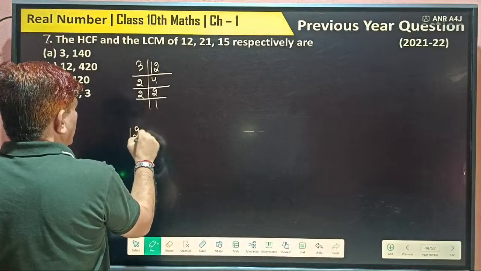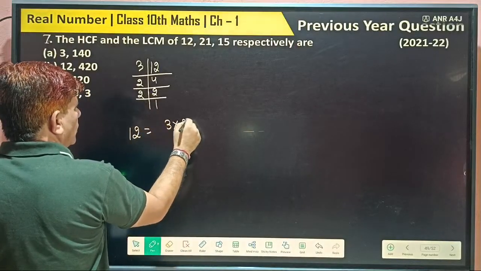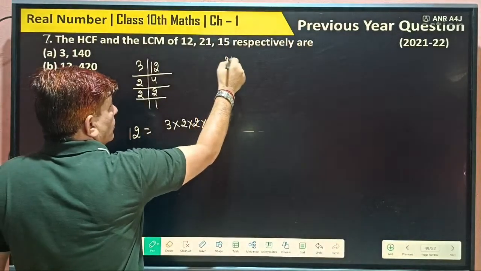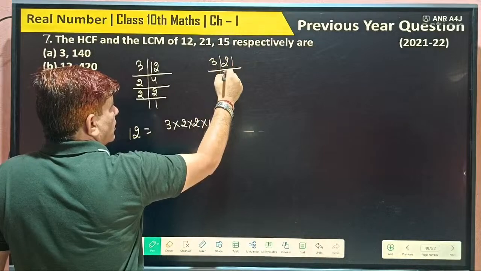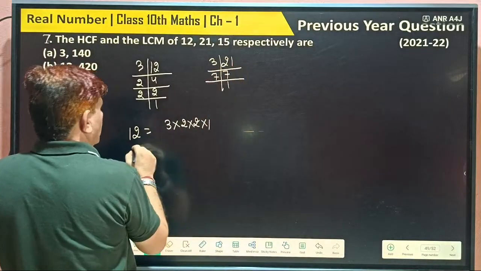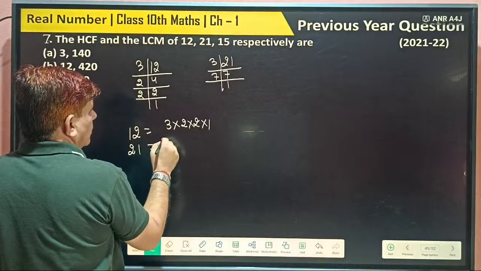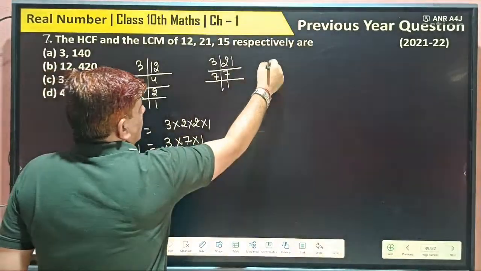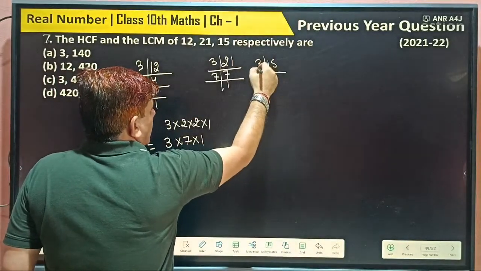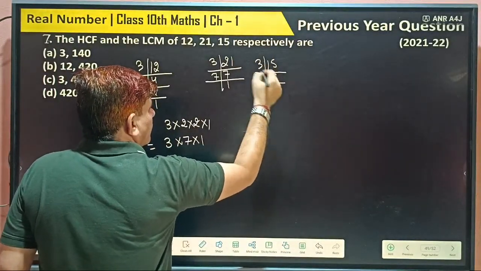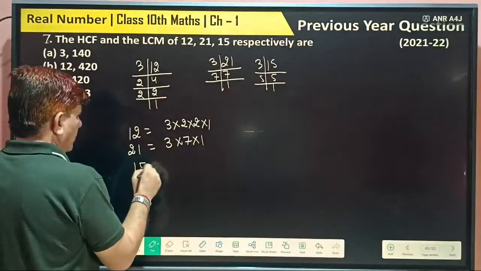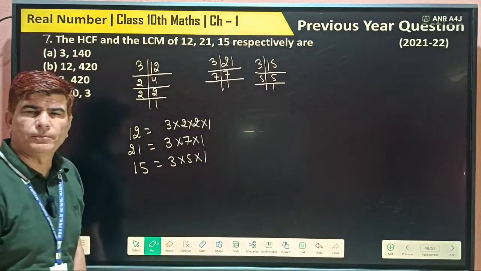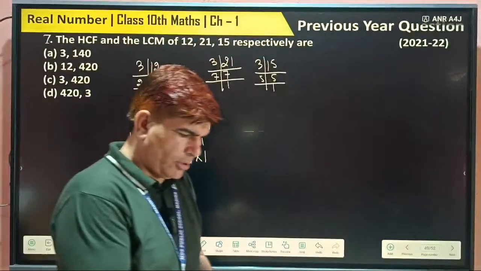So 12 equal to 3 into 2 into 2 into 1. 21: 3 sevens are 21, 7 ones. So 21 equal to 3 into 7 into 1. 15: 3 fives are 15, 5 ones. So 15 is equal to 3 into 5 into 1. Understood?